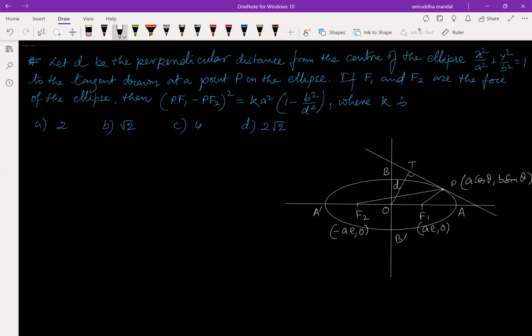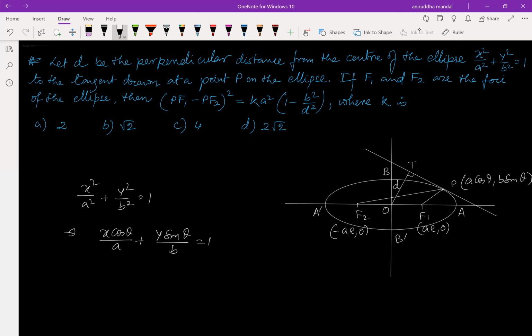So the tangent at point P, we write this expression. This is the equation of the ellipse. So we write the tangent at this point, as we know, as x cos theta by a plus y sin theta by b equal to what?